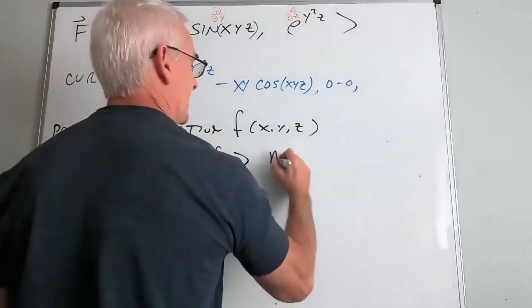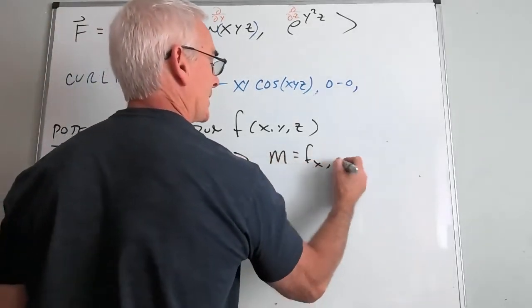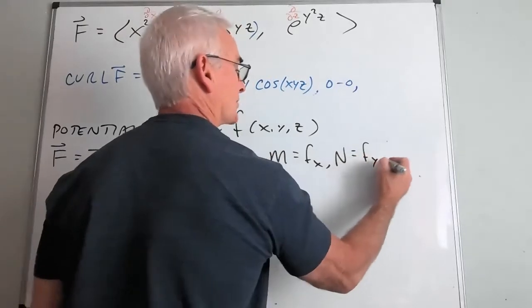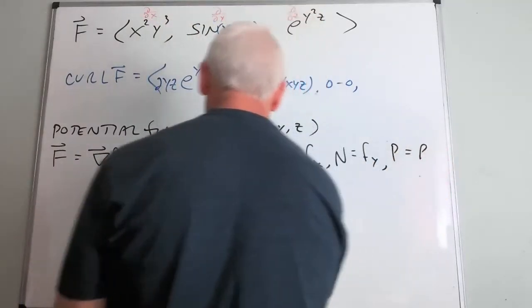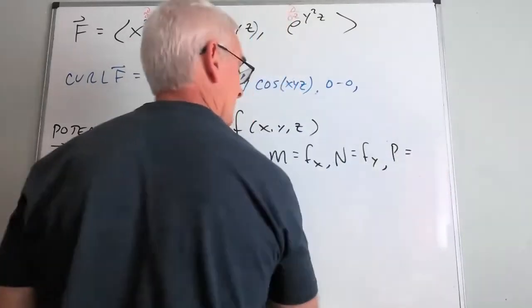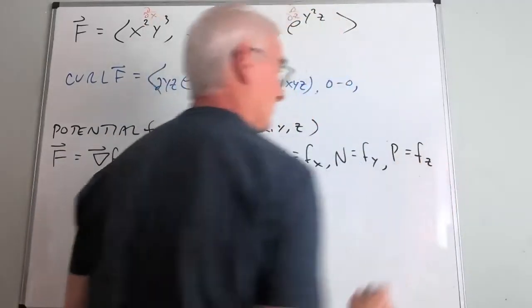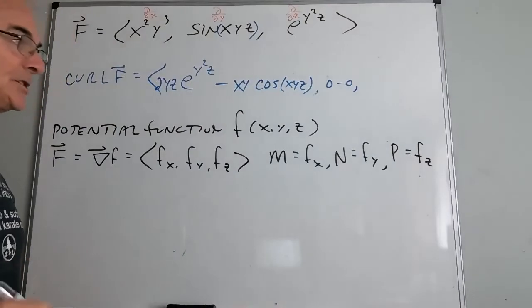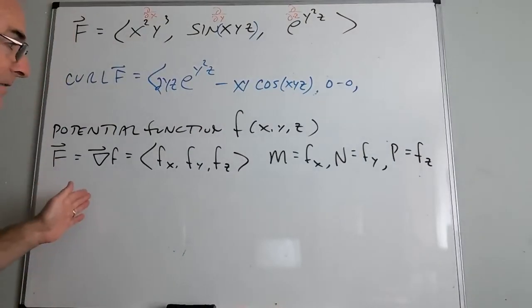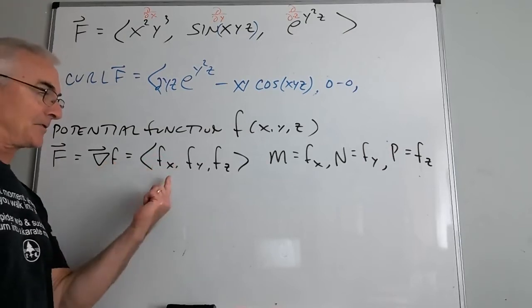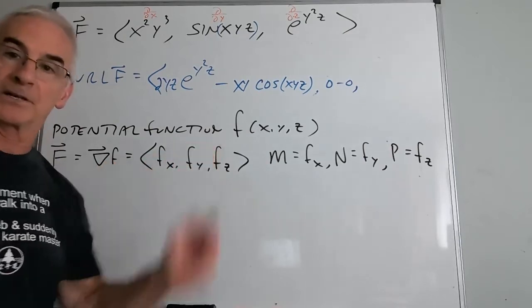then that means that m equals the partial with respect to x, n equals the partial with respect to y, and p equals the partial with respect to z. That's because m, n, and p are the three positions. If I started with a potential function and took the gradient, this is my F, there's my m, n, and p. Big deal.